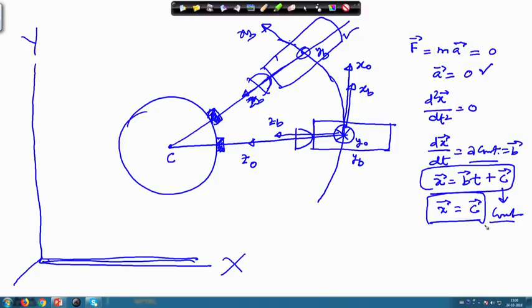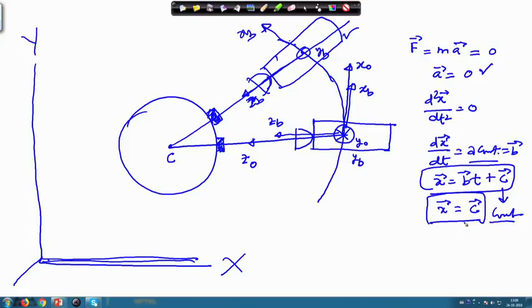Another way, this states Newton's first law, which tells that until you exert an external force on a particle, it will not change its position, it will try to remain in the same position.